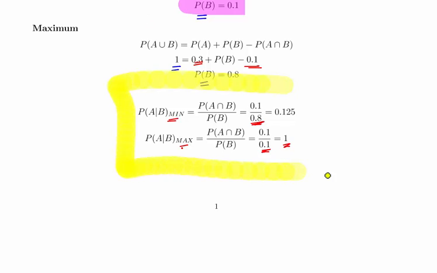Anyway, the minimum possible value for A given B is 0.125, and the maximum possible value there is 1. Okay, that's grand. We'll leave that there.